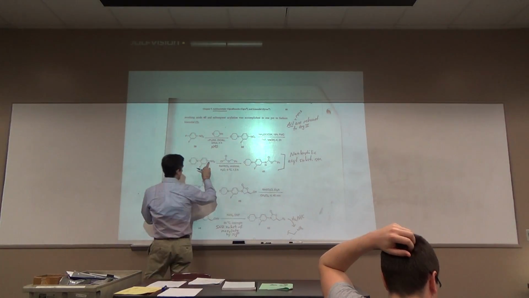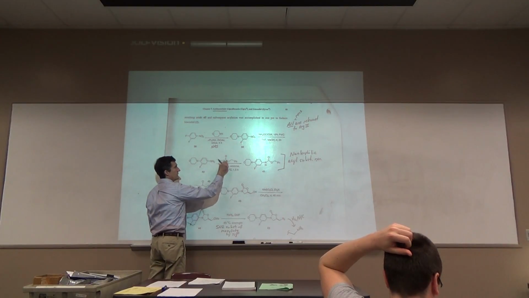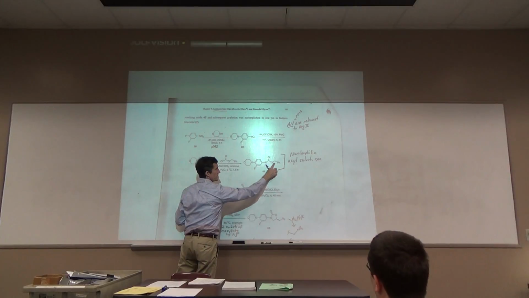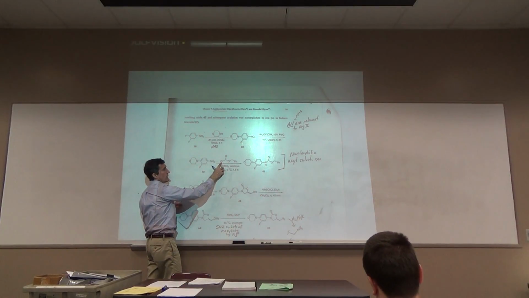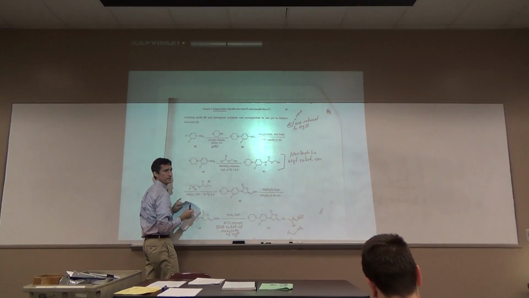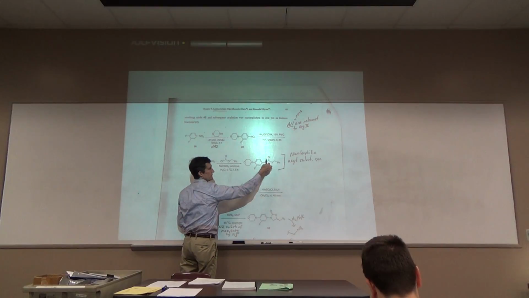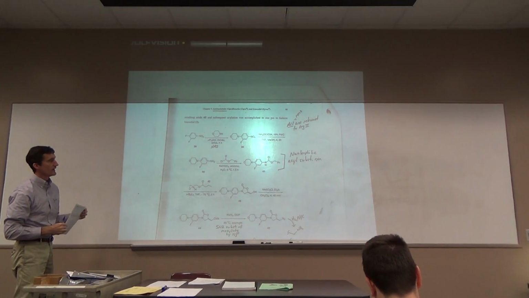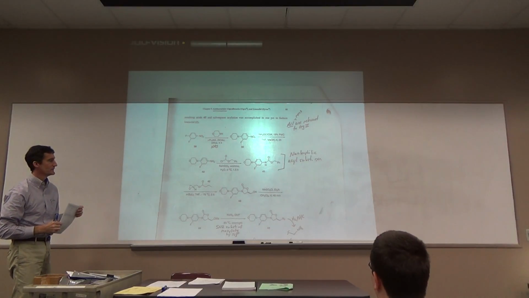At this point, they react this amine with this, kind of a carbonic acid derivative. Does it make sense that they get this product? Add your carbonyl electrons up, back down. Which one do they kick off? Chlorine, the better leaving group. So it displaced the chlorine. That's a nice, beautiful acyl substitution.